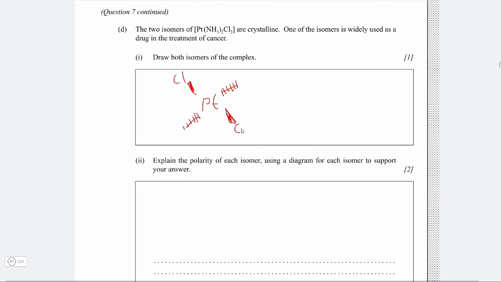So if you have them like this, where the constituents are 180 degrees apart, I think this is the trans. And then the cis one would be with them on the same side. Like that. So here we have chlorine diagonally, and here we have them on the same side.